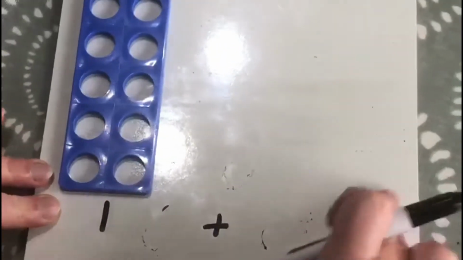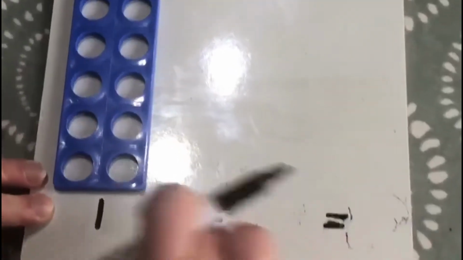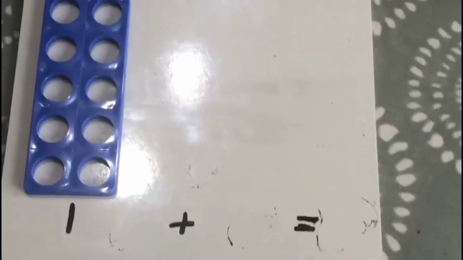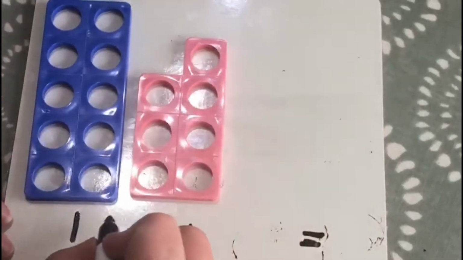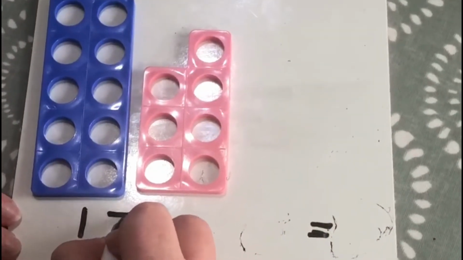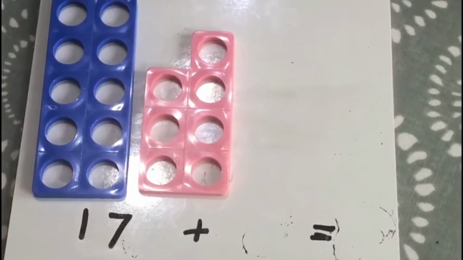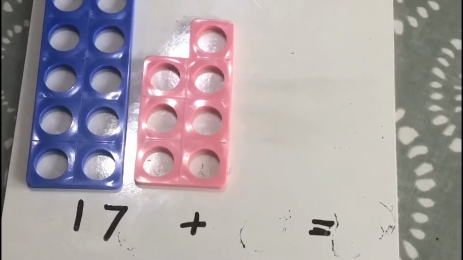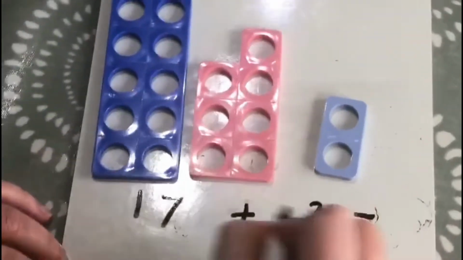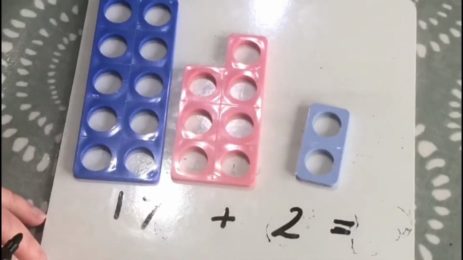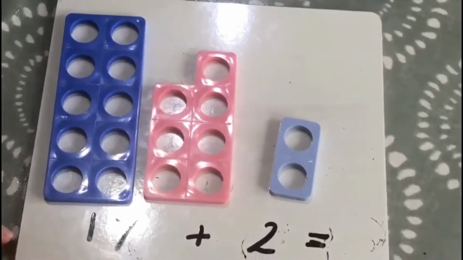This time let's make 17. Okay, so 17 is 1 ten and 7 ones, and I'd like to add 2 to that number. So I'm going to do 17 add 2, and I'm going to find out what that makes.